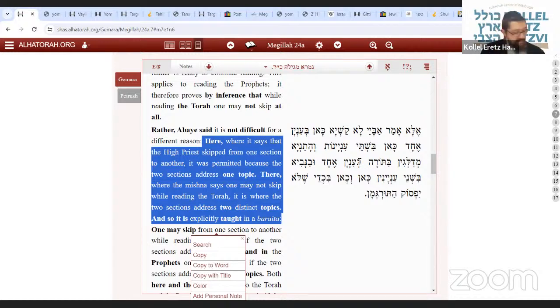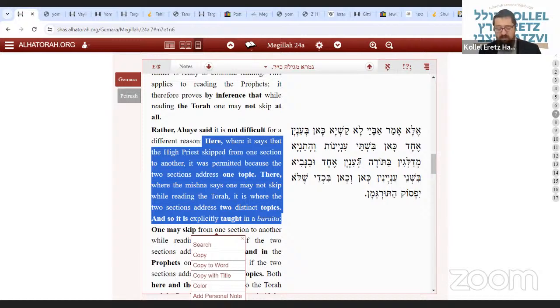The Gemara says that sounds good and fine, however, do you have a proof from a Brisa, or is this your own understanding? If it's his own understanding, then someone else could disagree. Right? So Rava could agree with Abaye, let's say. Abaye says you're allowed to skip around with two topics.